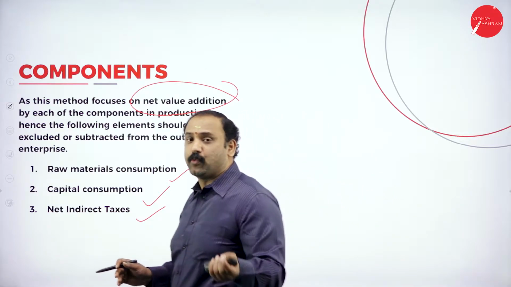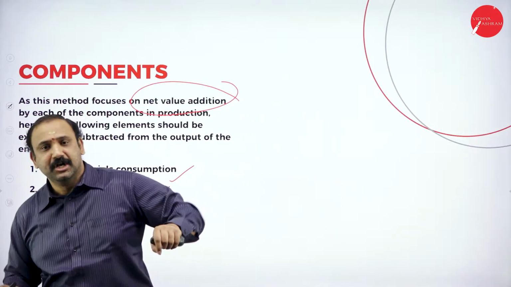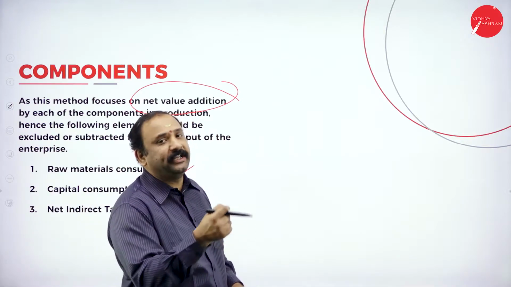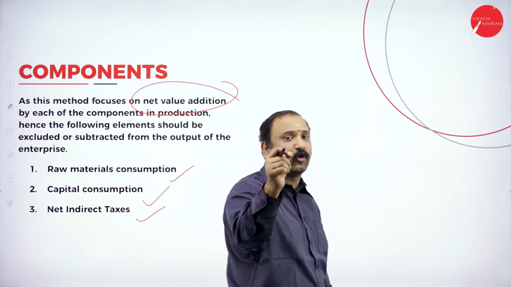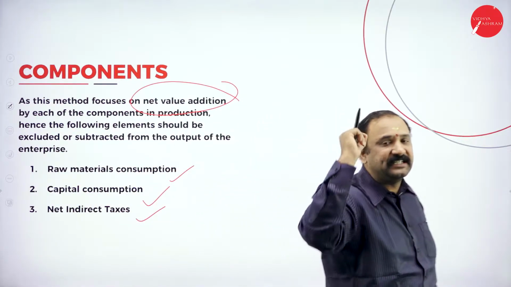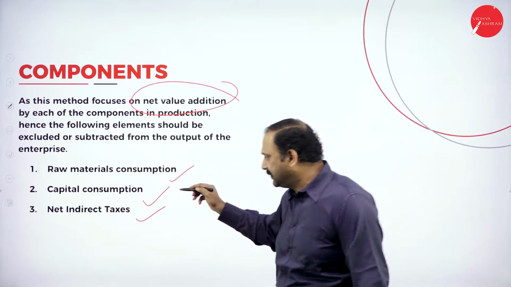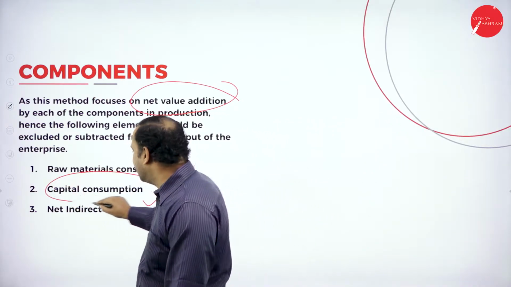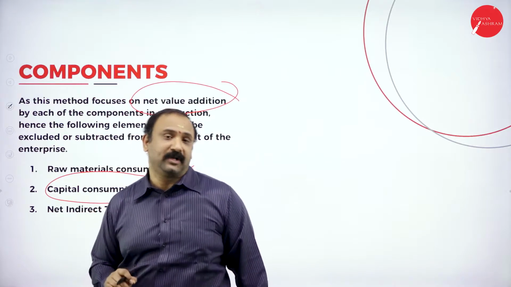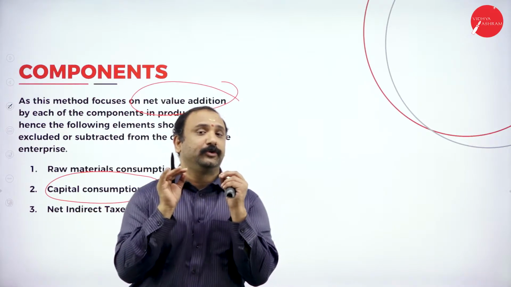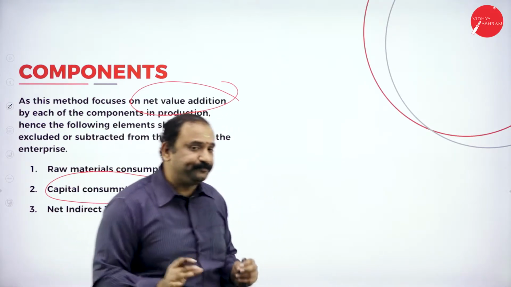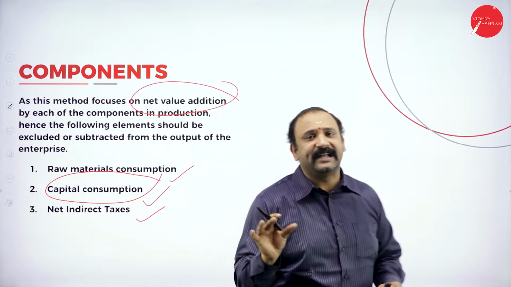Capital consumption. When you want to start a business, you are going to invest some money in the form of capital. That we call the investment cycle altogether. So investment is already done here. The capital factor is already taken into consideration. So again, we are not going to talk about capital. The next thing is the indirect taxes.